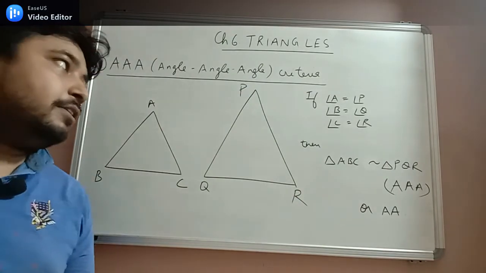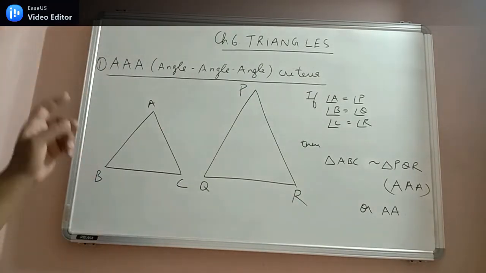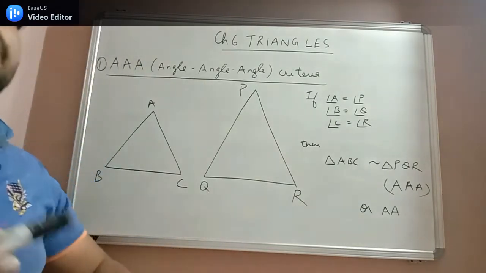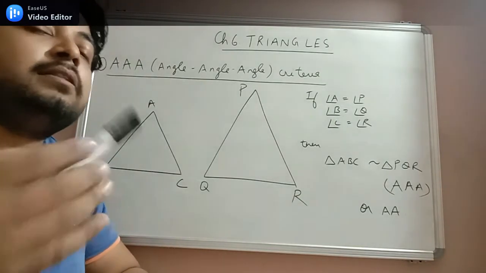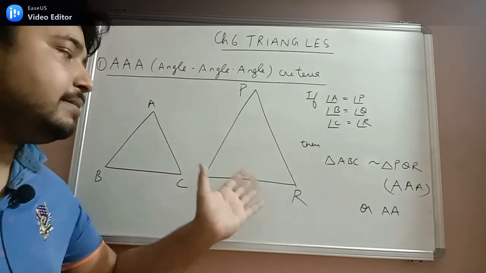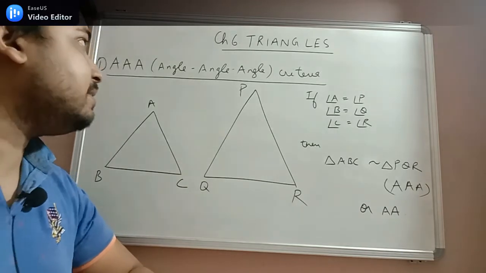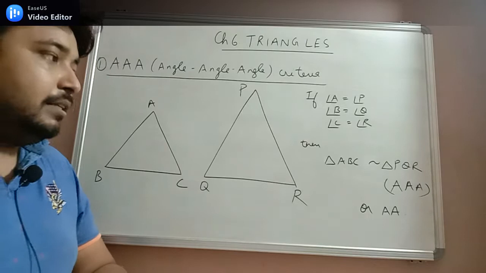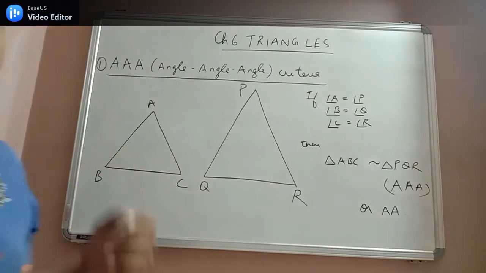So we can write down, if angles of one triangle are correspondingly equal to the angles of another triangle, then the two triangles are said to be similar. This is the angle criteria. Now let's see how we can prove this.